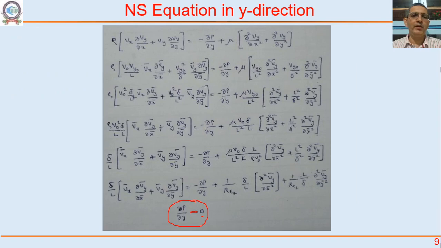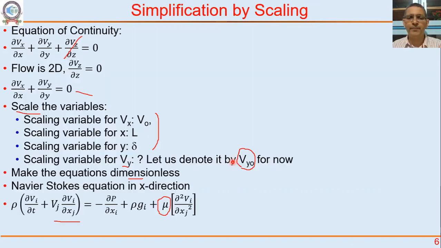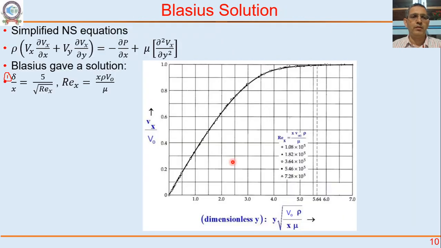So at any particular x, if I know the x value, let's say x is 30 centimeters, rho, mu, V naught we know, so we can calculate Rex, we can calculate square root Rex, 5, delta by x is equal to this number.